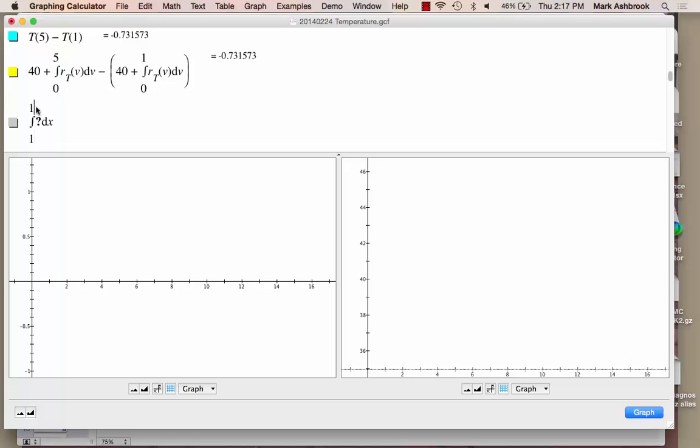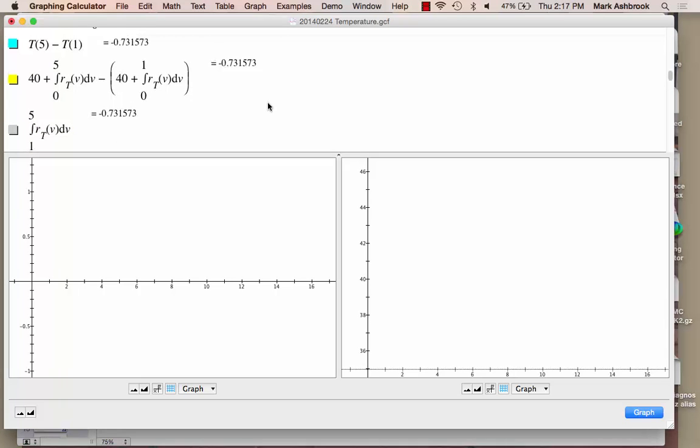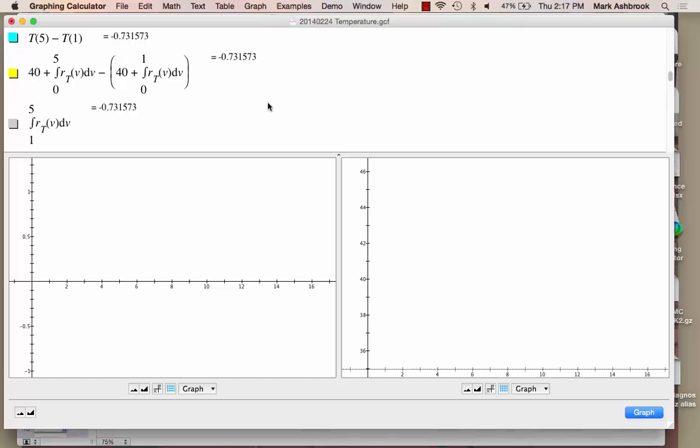Until 5. I'm just going to copy and paste here. And lo and behold, what do we get? So the yellow blocks expression is perfectly fine. You're taking the expression for T of 5, literally, and subtracting the expression for T of 1 to get the change.